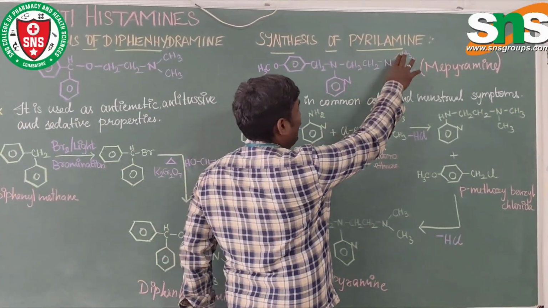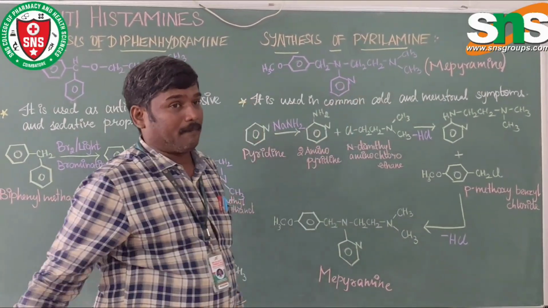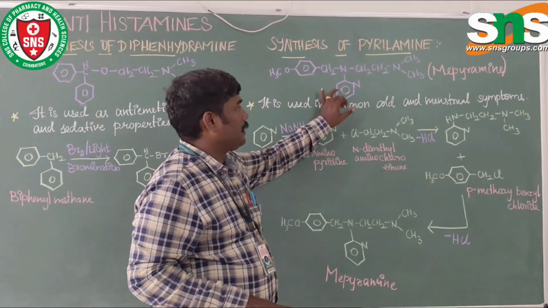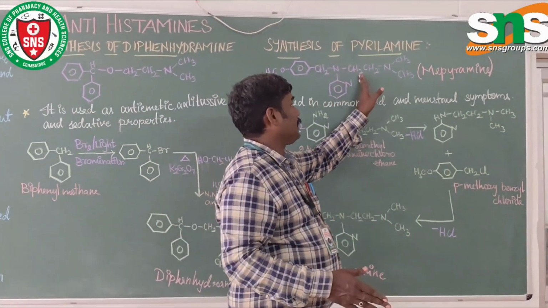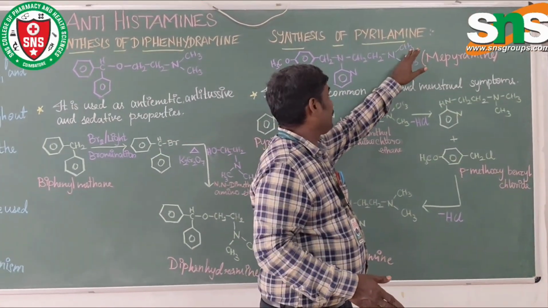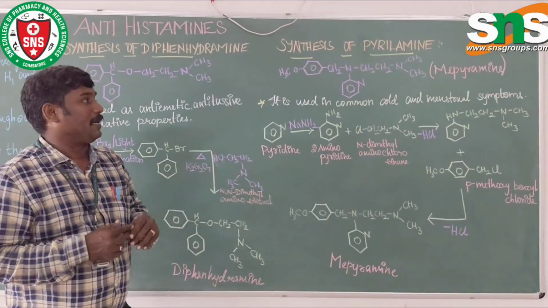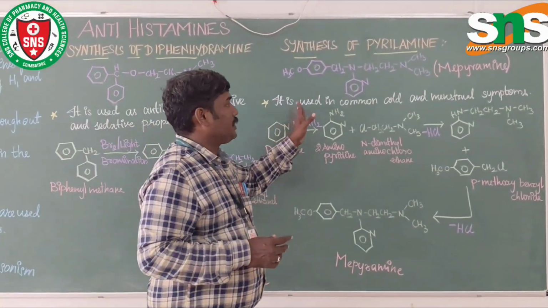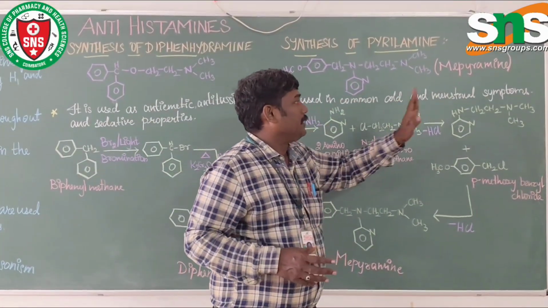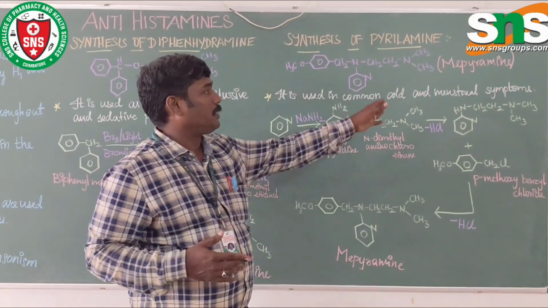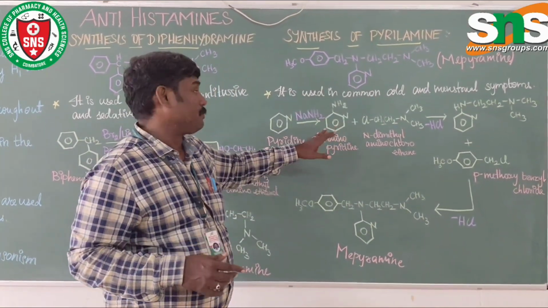So it is known as pyrilamine or metpyramine. The methoxy group and the pyridine group are present, and the remaining parts are the same: CH2CH2NCH3CH3. What is the use of pyrilamine or metpyramine? It is used in the common cold, and apart from that, it is also used for menstrual symptoms.